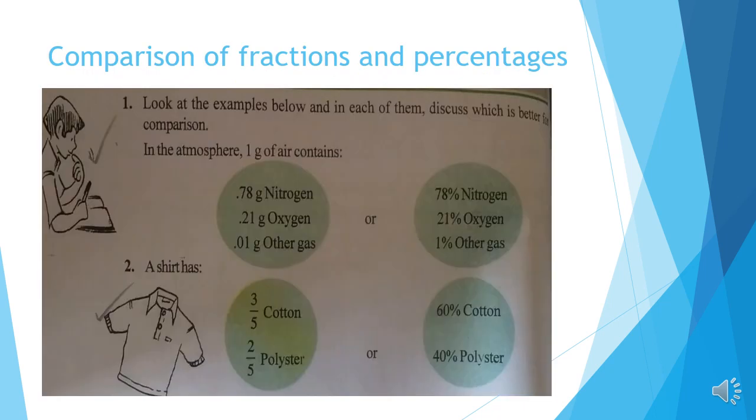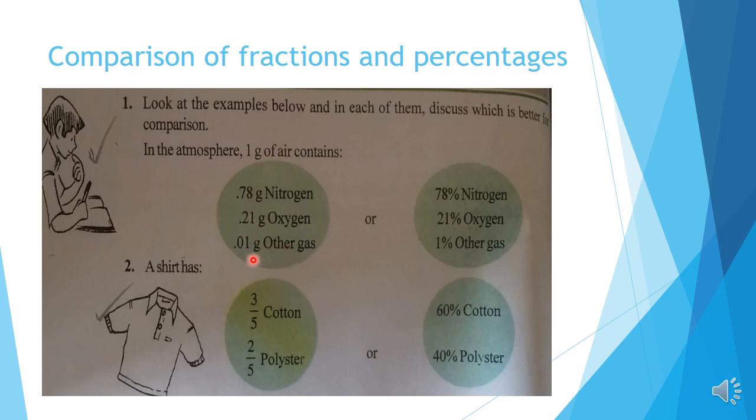Comparison of fractions and percentages. Children, here in this question we have got one picture and it says look at the examples below in each of them and discuss which is better for comparison. Here we have, in the atmosphere 1 gram of air contains 0.78 gram nitrogen, 0.21 gram oxygen, 0.01 gram other gases, and the same we can write.